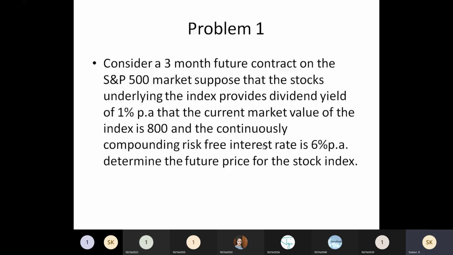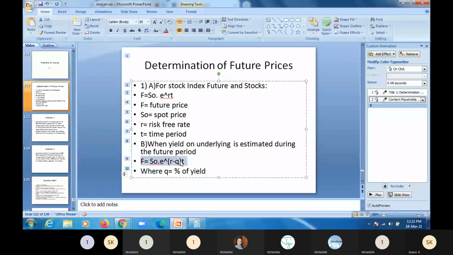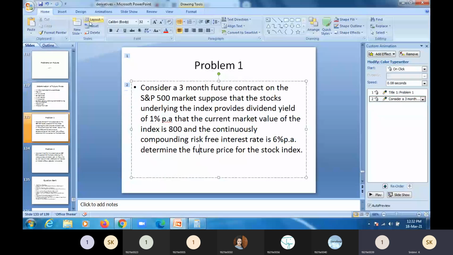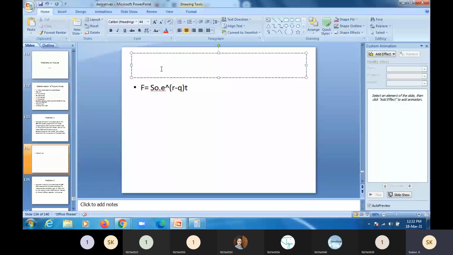So the formula is F is equal to S naught into e power (r minus q). This is the solution. First you take down the formula.